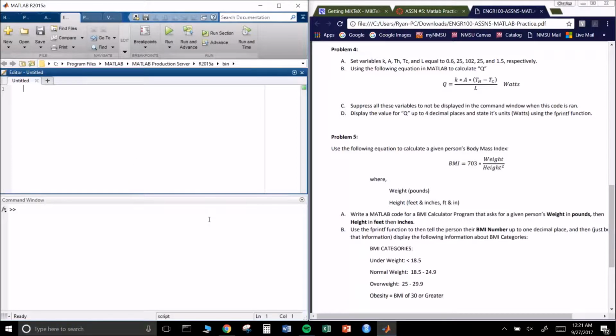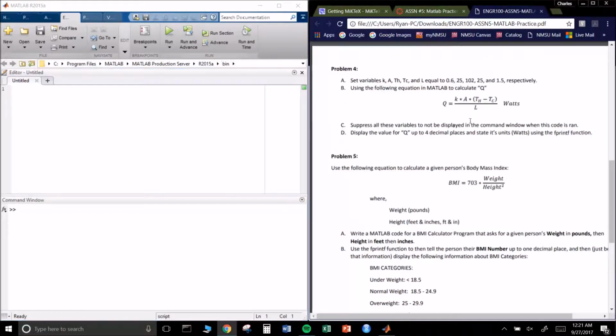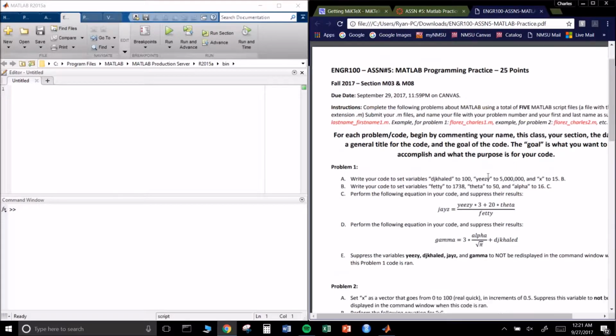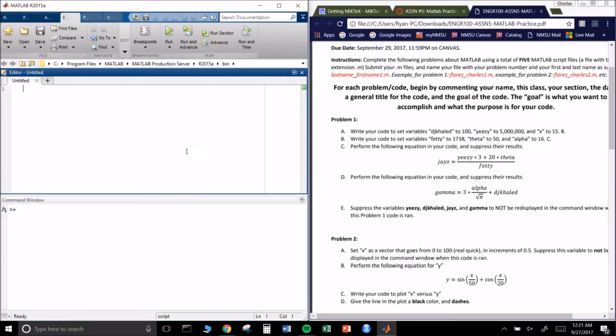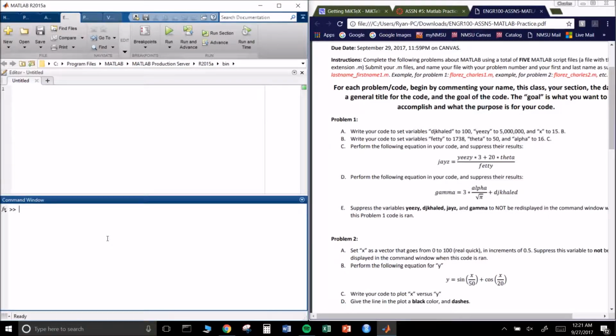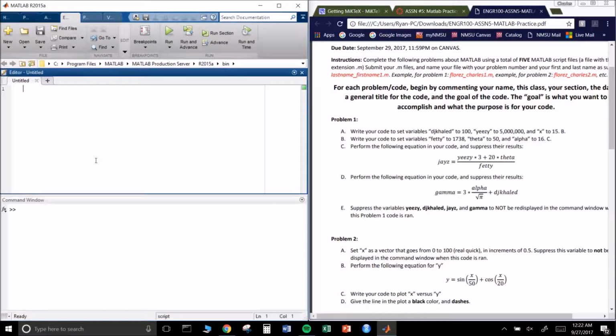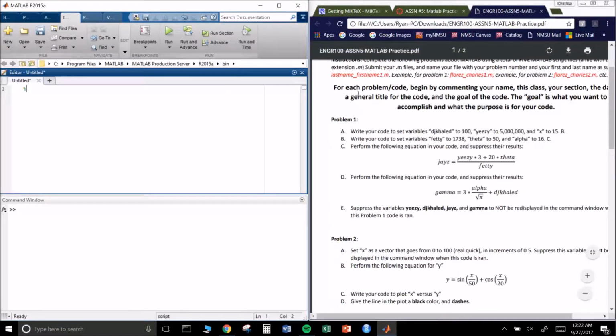But anyway, here I have MATLAB open. I have the assignment open. And now I can just go ahead and get started. So like I said in class, I can set variables equal to just numbers or vectors or whatever. So for problem 1, and all the problems, I need to begin this way.